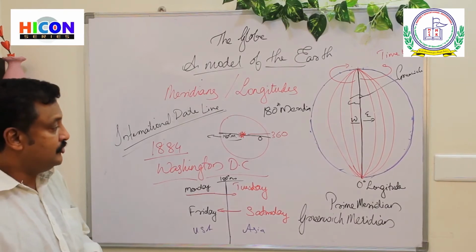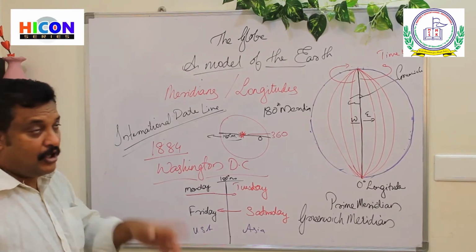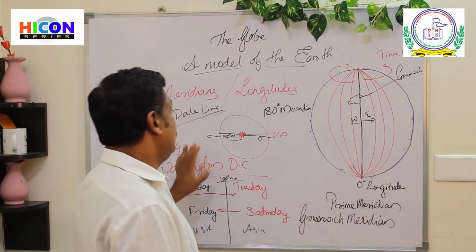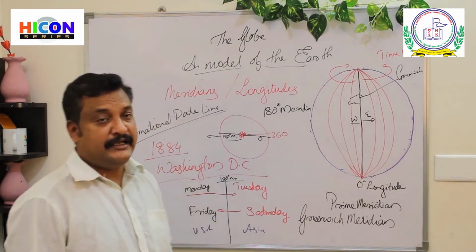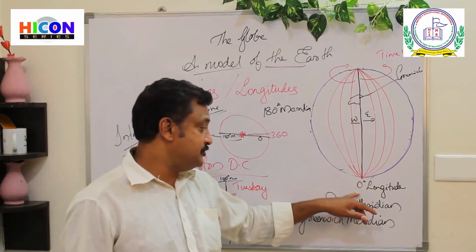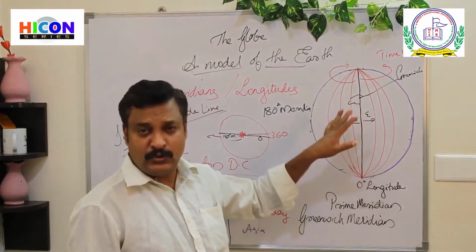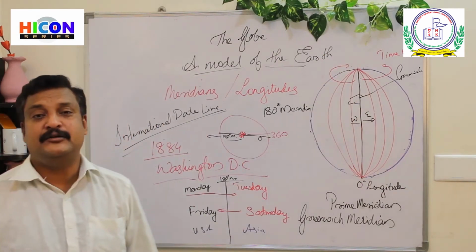Clear? So meridians are other names of longitudes. Longitudes start from the north pole to the south pole. There are 360 meridians around the globe, and the 0 degree longitude is known as the prime meridian, which passes through the place called Greenwich near London in England.